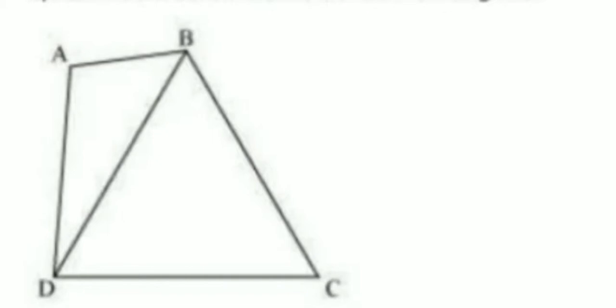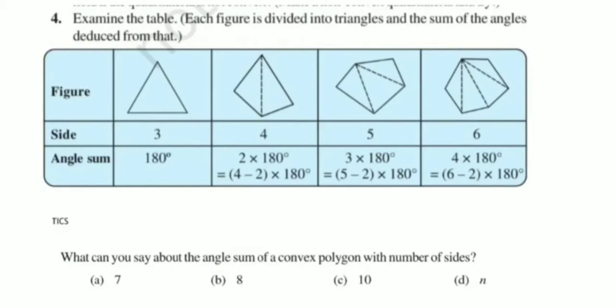So therefore the sum of all the interior angles of this quadrilateral will be the same as the sum of all the interior angles of these 2 triangles, that is 180 degrees plus 180 degrees means 360 degrees. So yes, this property also holds true for a quadrilateral which is not convex. This is because any quadrilateral can be divided into 2 triangles. Number 4, examine the table.